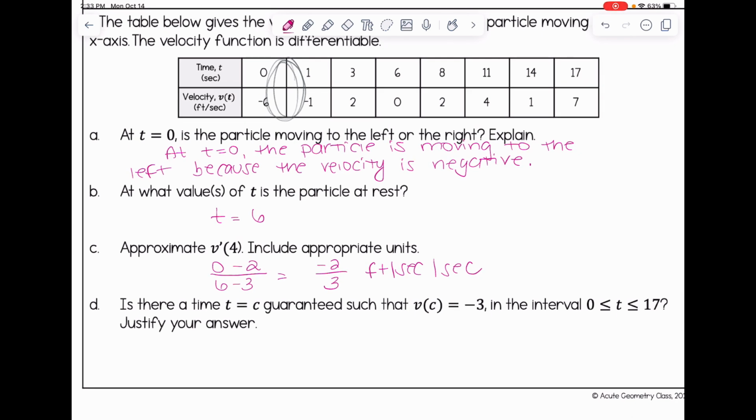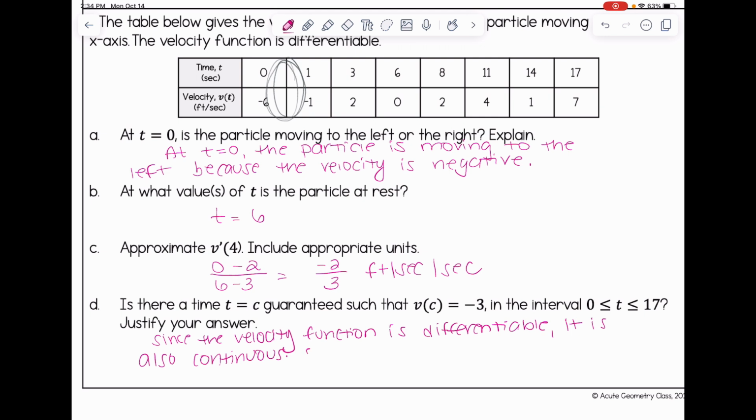So the first thing I'm going to start off by saying is that since the velocity function is differentiable, it is also continuous. That's because anytime we have a differentiable function, we know that it is continuous. Differentiability implies continuity.